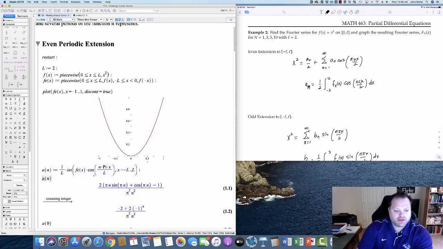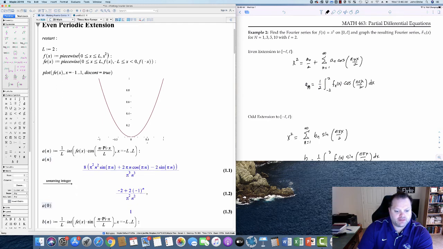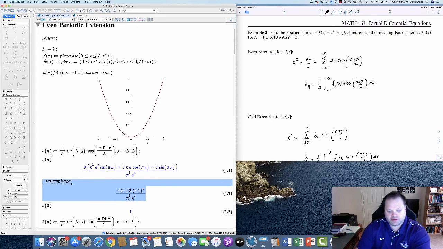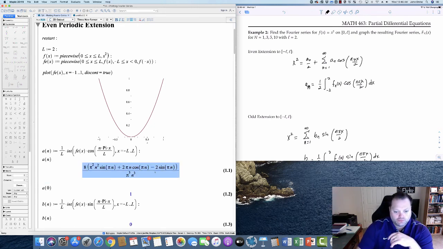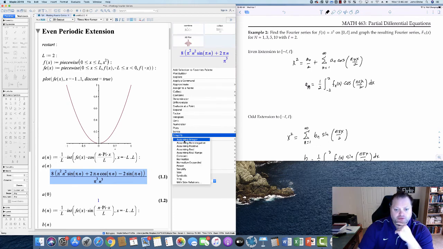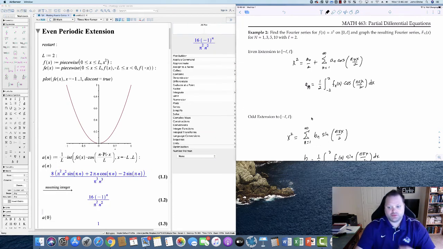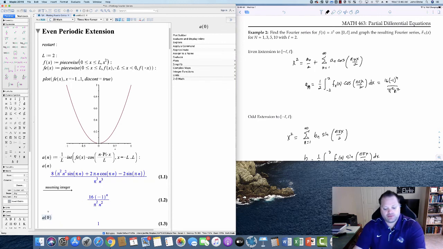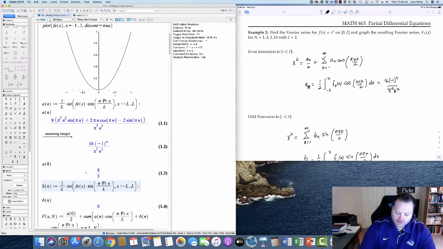Let's calculate the coefficients. So there are the coefficients for a n. Unfortunately, I've got to right-click on that again. So we're going to simplify it, assuming n is an integer. So there are our coefficients for the a n's. So we know that this is 16 times negative 1 to the n over pi squared n squared. And in particular, a0 is 8/3.